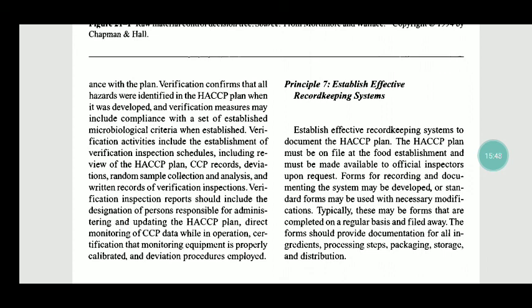So it is very important to establish an effective record keeping system. Whatever we have done, we keep an effective record of the process. Okay, so that is all about the principles of the HACCP plan.